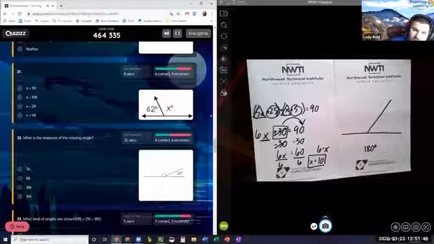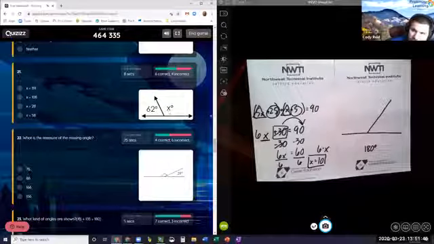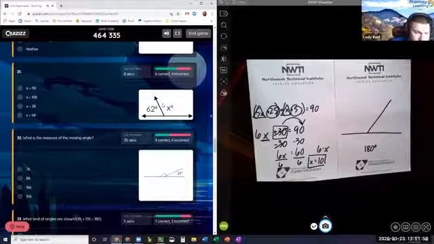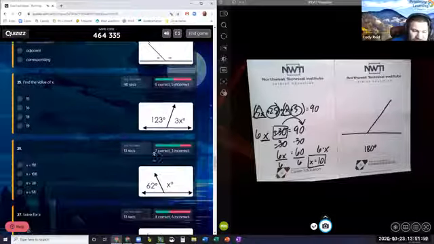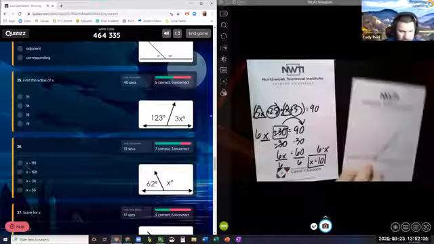If these two are supplementary, 62 and x, what are we going to do to find this one right here? 180 minus 62. Good, Javier. What if there was an x and it says find the value of x? What are we going to do?